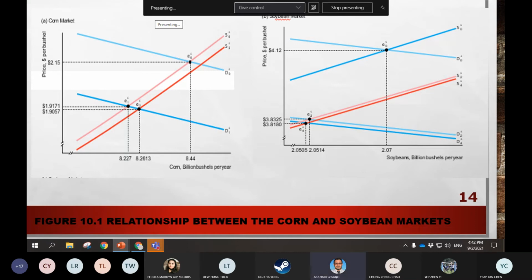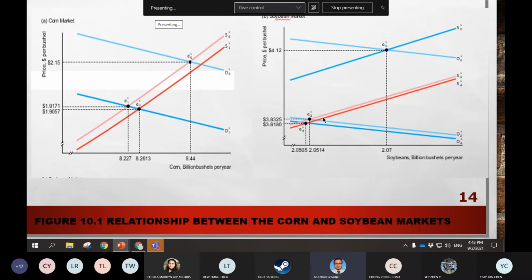This new fall in the relative price of corn caused the soybean demand curve to go to D4 and shift further to the left here, and the supply curve to S4, which is the red one.